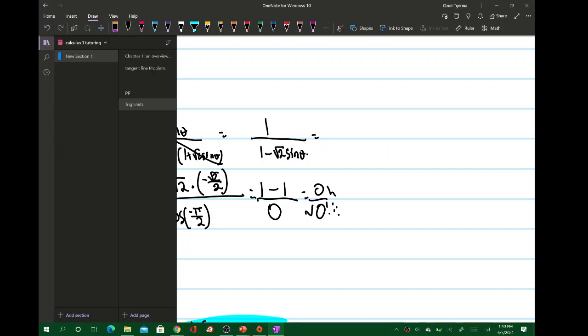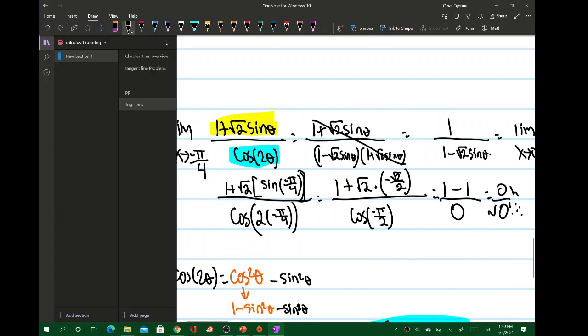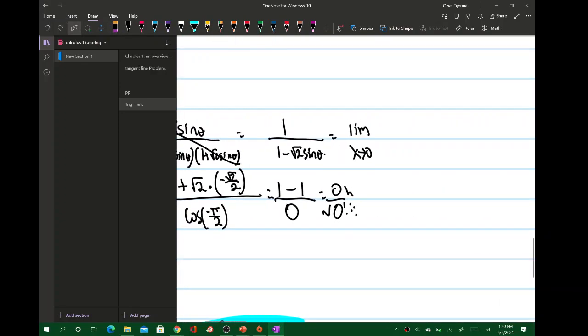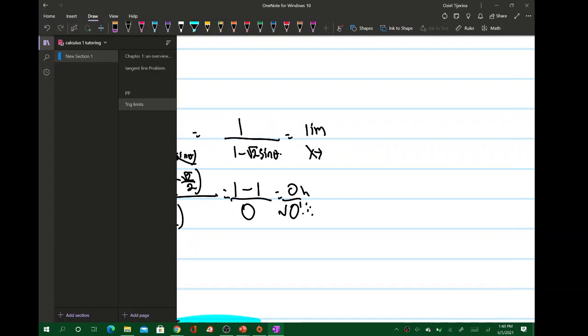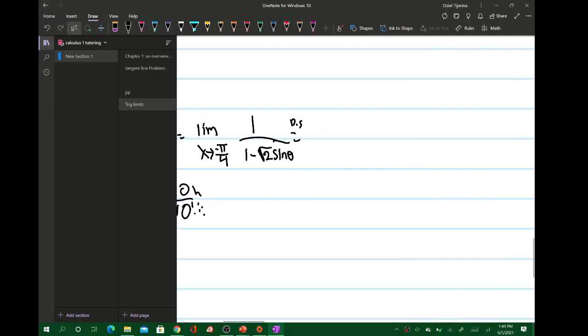So then you're going to take the limit as theta approaches negative pi over 4 of 1 over 1 minus square root of 2 sine theta. By direct substitution, it's going to be 1 over 1 minus square root of 2 sine of negative pi over 4.